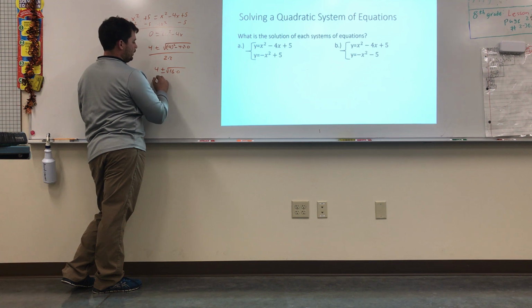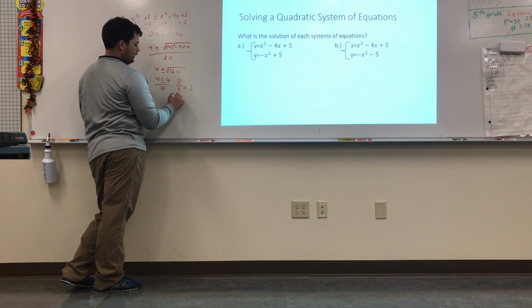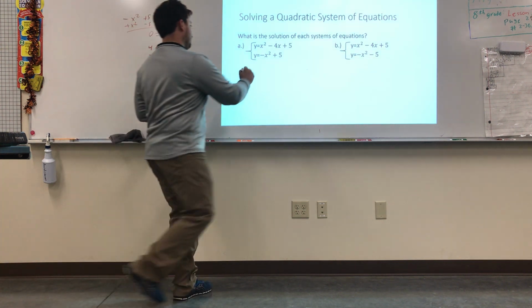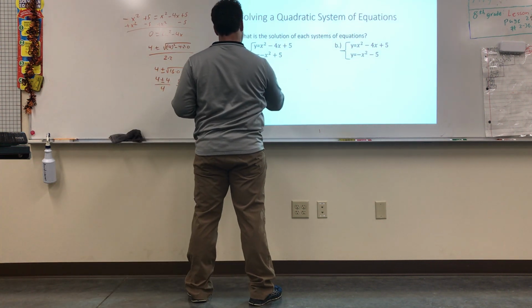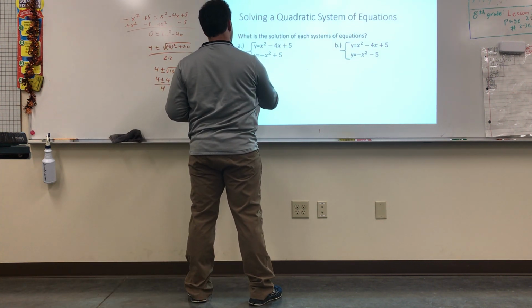Okay, so then we're going to end up with 4 plus or minus 4 over 4. So we can get 8 over 4, which would get us 2. Or when we subtract, we're going to get 0 over 4, which is 0. So our ordered pairs here are 2 and 0 for our x values in both of them.